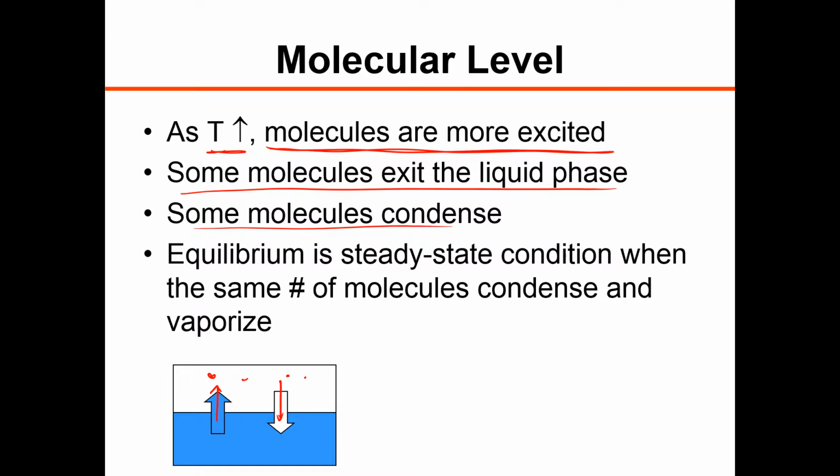Equilibrium is a steady state condition where the same number of molecules condense and vaporize. And that's why when you blow on something, you're removing those, and then fewer are going to condense back. That's why your finger gets colder when you blow on it, for example, a wet finger.